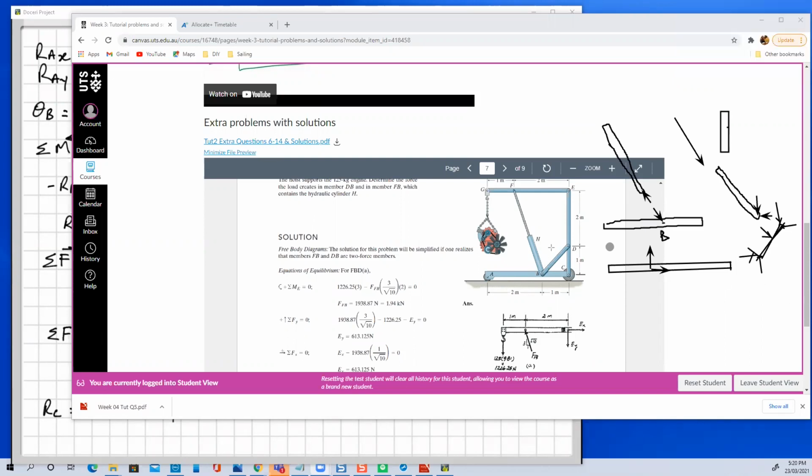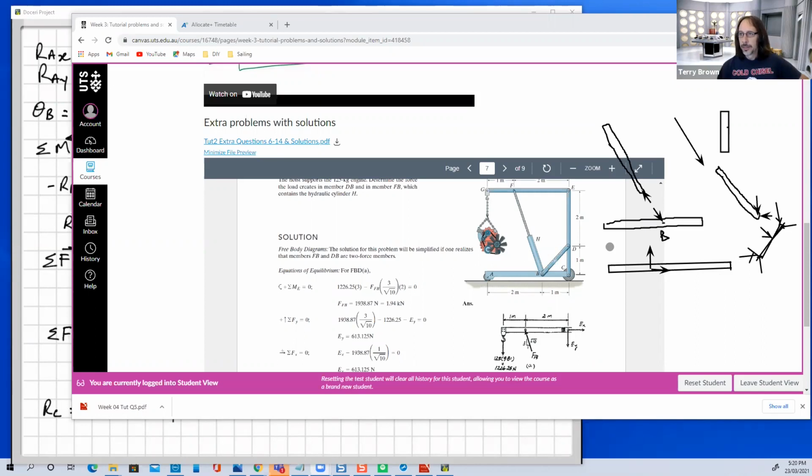So what we do, in Mech Solids, and definitely strength of engineering materials, is you start to look at the deformation of the members. You say, all right, this point here, D, is connected and not going anywhere.